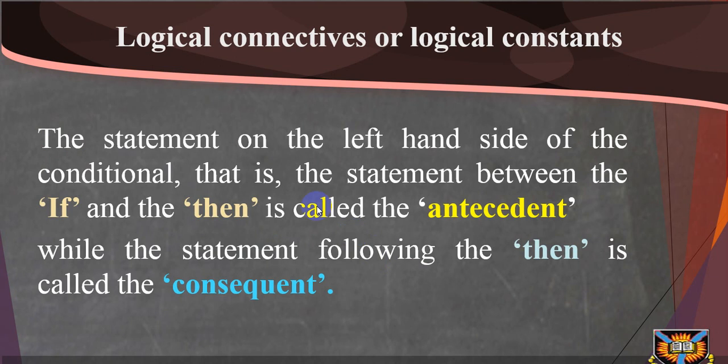The statement on the left-hand side of the conditional, that is, the statement between the "if" and the "then," is called the antecedent. The statement on the right-hand side, that is, the statement following the "then," is called the consequent. The logical symbol that represents the conditional is the horseshoe sign.